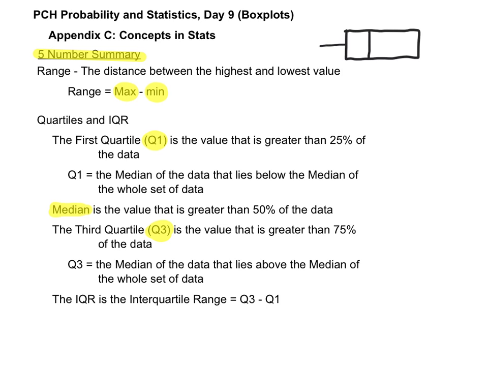And then you have a line on one side, and another on the other side. Those are the whiskers, all right? You see these often in science experiments or science class. They're used a lot in those cases.